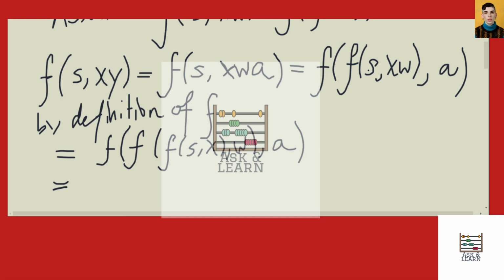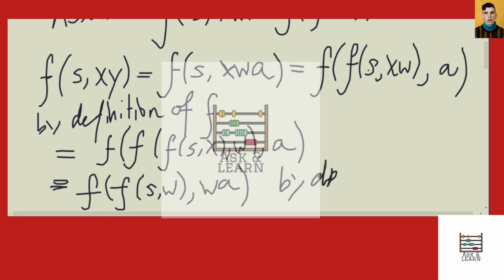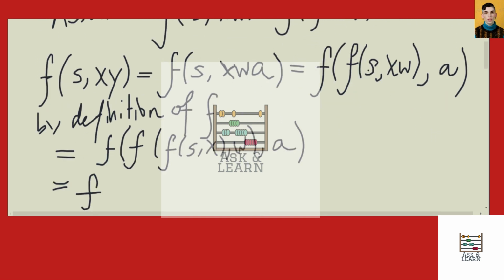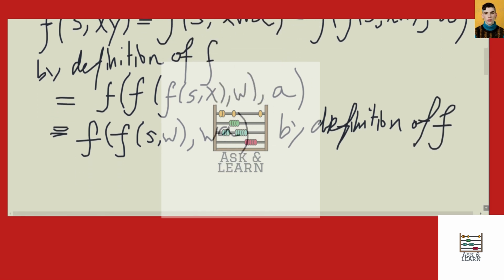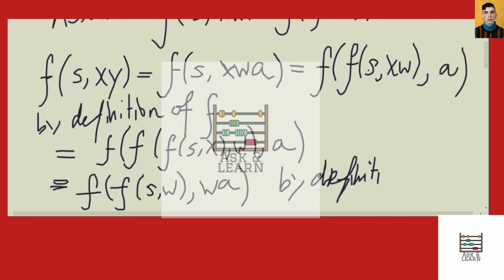Now we have that w and a are also both strings, so it follows that this is also equal to f̂(f̂(s, x), wa), again by definition of f̂.